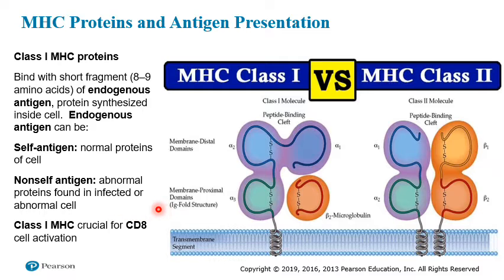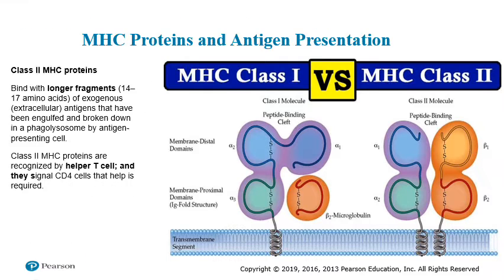You find them in infected or abnormal cells. That's the reason why you call them non-self antigen, because they don't look like the normal cell. So the MHC1 is crucial for CD8 cell activation. The MHC1 is the one that activates a CD8 into killer T cells.